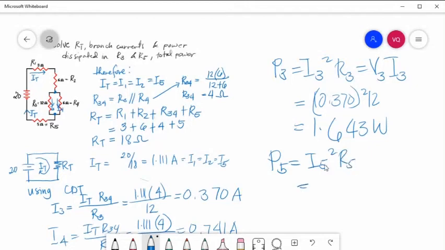So, I5 is equal to total current which is 1.111 squared times R5 is 5 ohms. So, P5 is 6.172 watts.